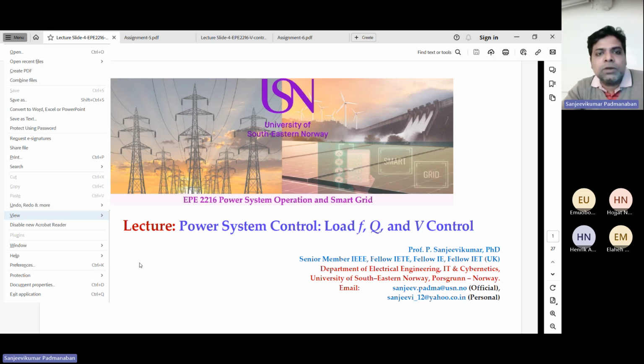So we already know what the kinetic energy is. The kinetic energy is given by 1/2 times J times omega squared, where omega equals 2 pi f, 2 pi times your frequency. So I can say the kinetic energy is directly proportional to the square of your frequency and directly proportional to J, which is the moment of inertia for the rotating parts.